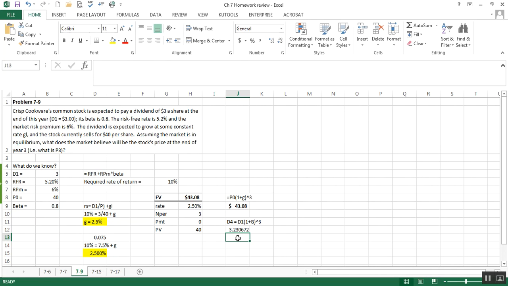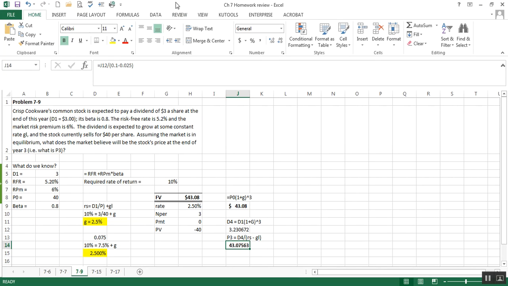So using our formula to solve for P3 is D4 divided by our required rate of return minus our growth rate. Therefore, P3 equals D4 divided by the required rate of return, 0.10, minus 0.025 as the growth rate.